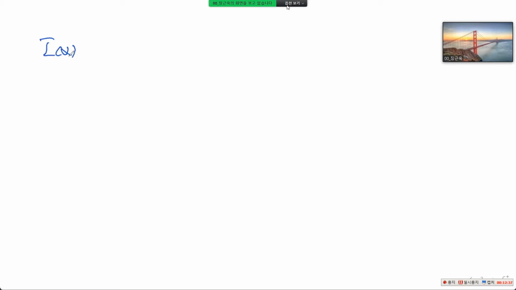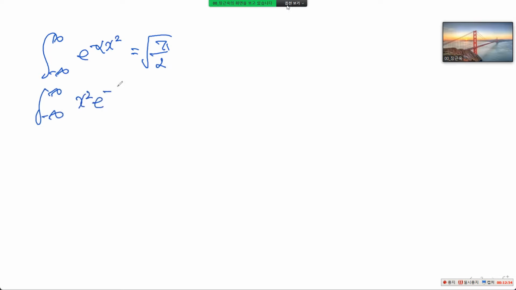So now we have two results. The integral from negative infinity to infinity of e to the minus alpha x squared gives the square root of pi over alpha, and the integral of x squared e to the minus alpha x squared gives the other result.